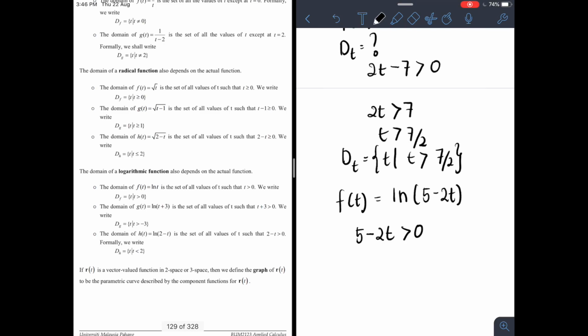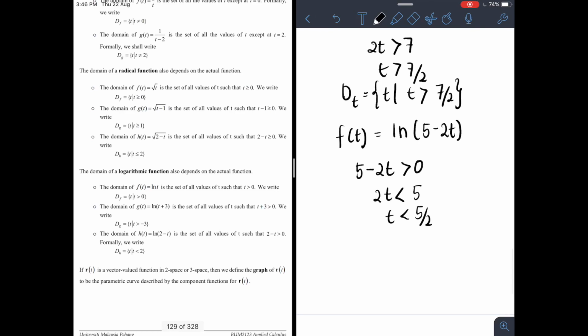By using the properties of inequalities, I will have 2t less than 5, t less than 5 over 2. So in order for this function to be defined, the domain should be D_f where t such that t is less than 5 over 2.